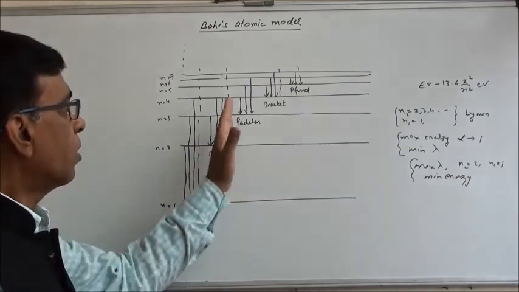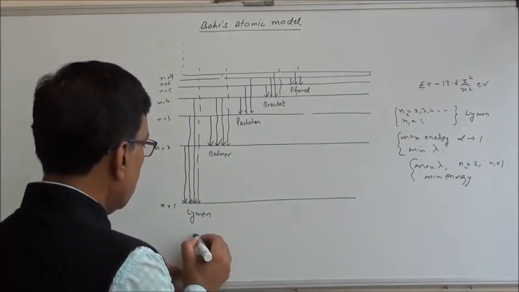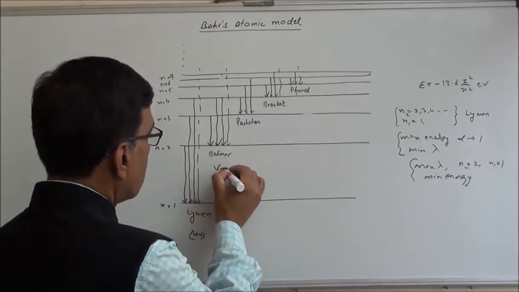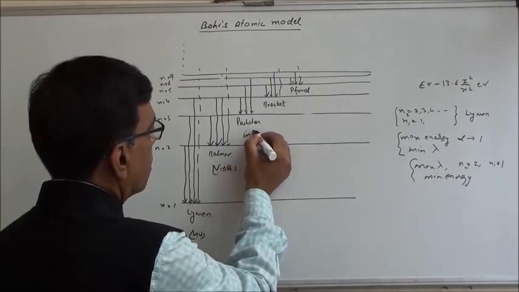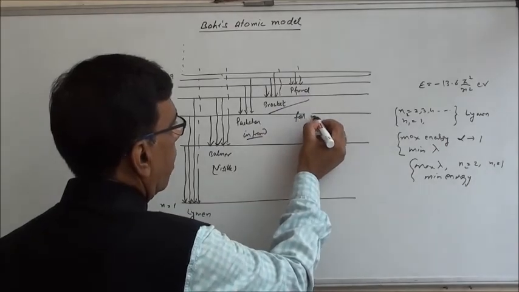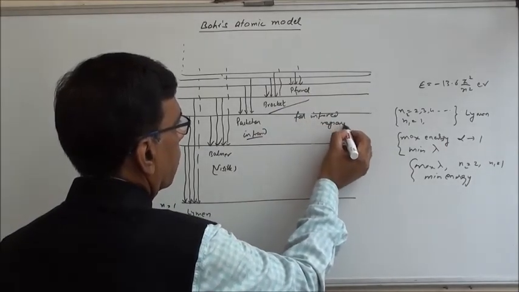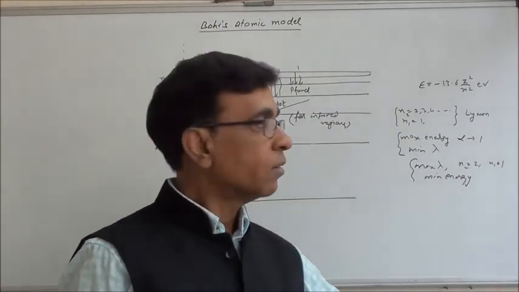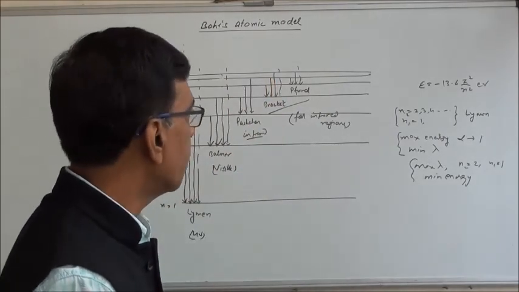So Lyman, Balmer, Paschen, Brackett and Pfund: these 5 series are obtained. Lyman is in the UV region, Balmer is in the visible region, Paschen is infrared, and the last are in the far infrared regions. So the radiations are not just confined to the visible region, they go beyond it, to the UV region as well as infrared regions.